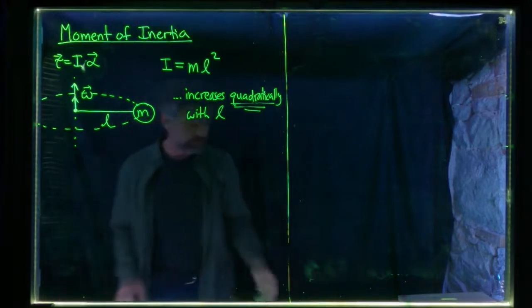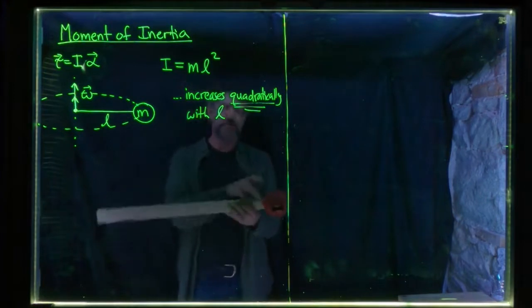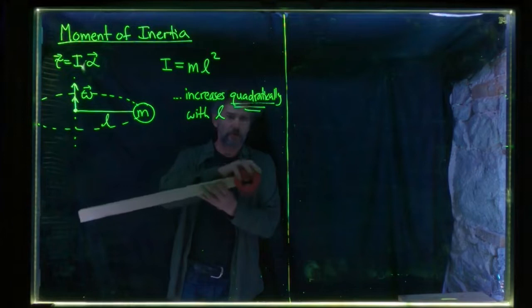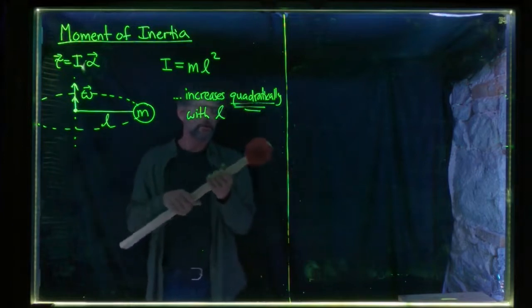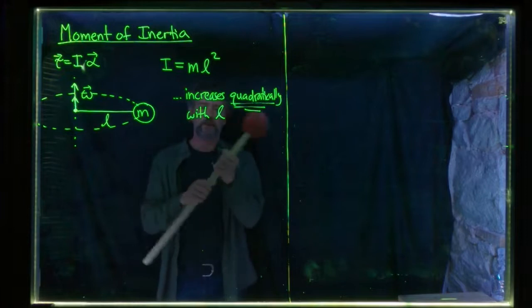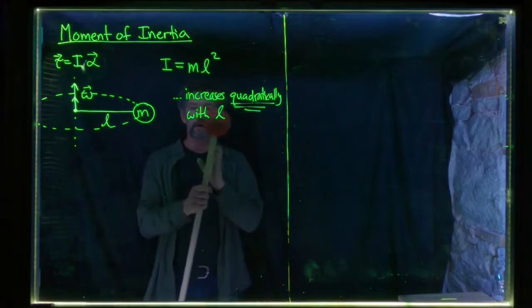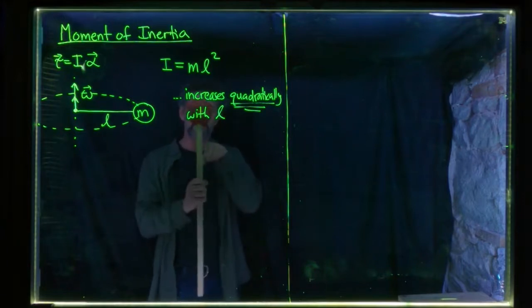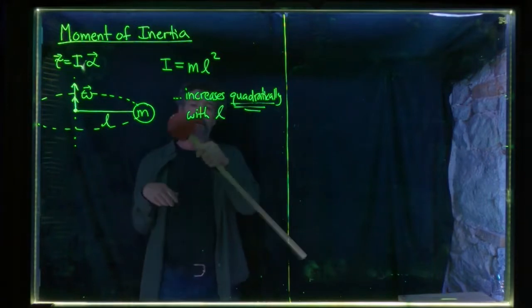Well, so here is sort of our model of this object here. So we're imagining that this piece of wood here is massless. It's not really, but let's suppose its mass is very small compared to the mass of this ball here. All right. So if I take this object and I try to introduce an angular acceleration by applying a twisting force, say about an axis that's relatively close to the mass, okay, then I can see, oh yeah, not hard.